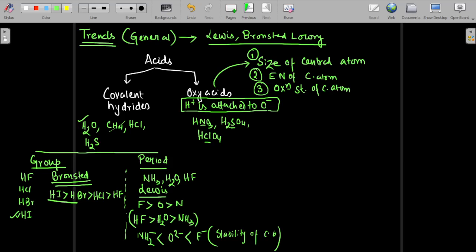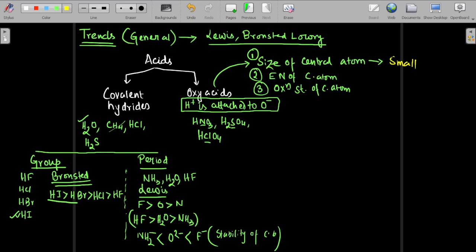So how does it affect? Let us understand. If the size is small, then it will be a good oxyacid. So small size is favorable, because if it is a small sized atom, it can accept electrons easily, because the nuclear charge effect is much more.